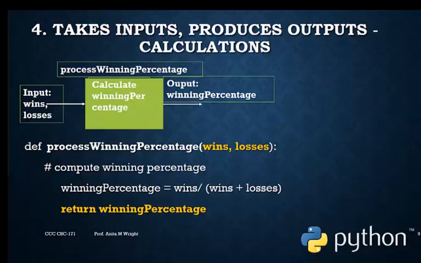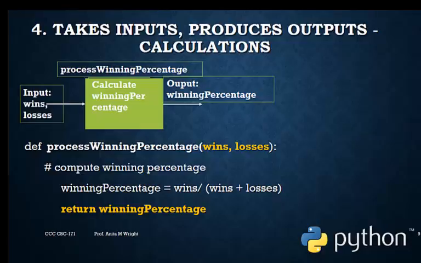The fourth and final version of functions in terms of input, process, and output is a function that takes inputs, processes, and produces outputs. Frequently, the processing part of the code will require inputs to perform its task and also produce outputs for the rest of the program to use.